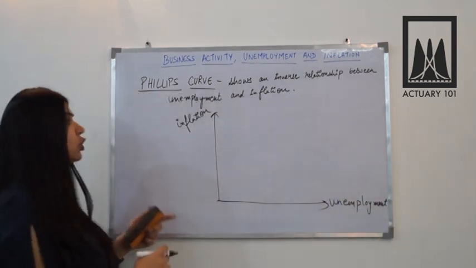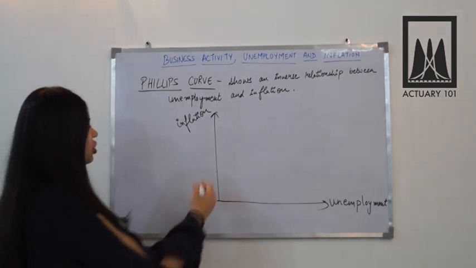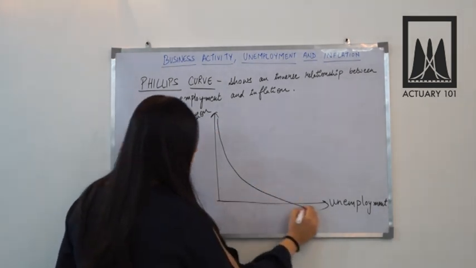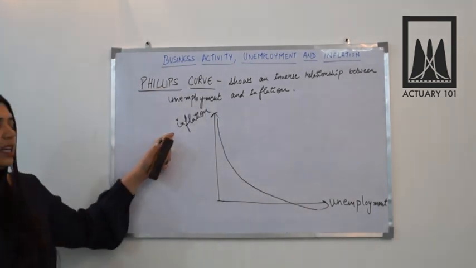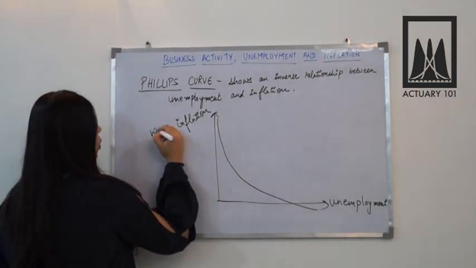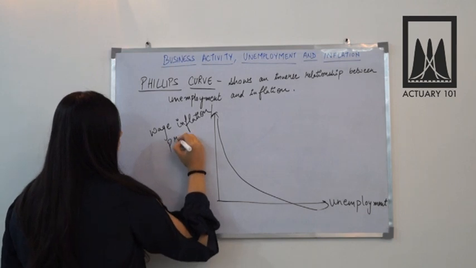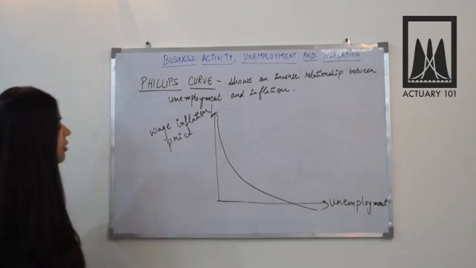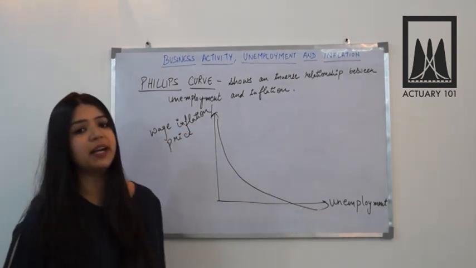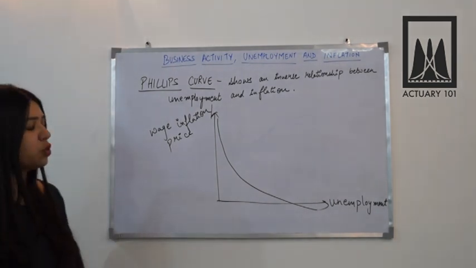So, if you try to draw a curve to show the inverse relationship, we will get a curve something like this. Now, this can either be wage inflation or it can be price inflation. In both the cases, it will be inversely related to unemployment, and this is what the Phillips curve showed.